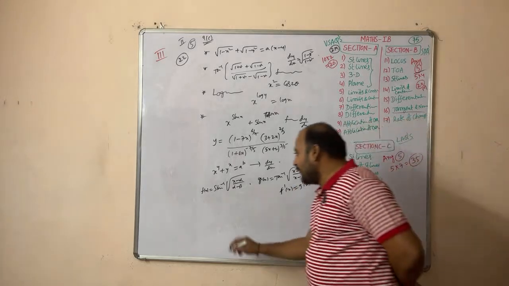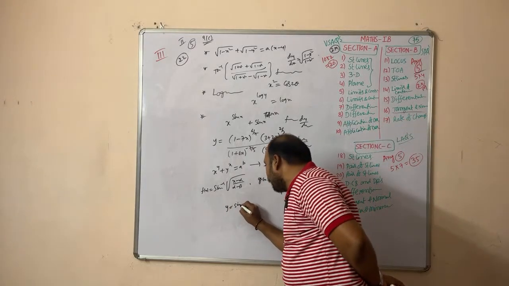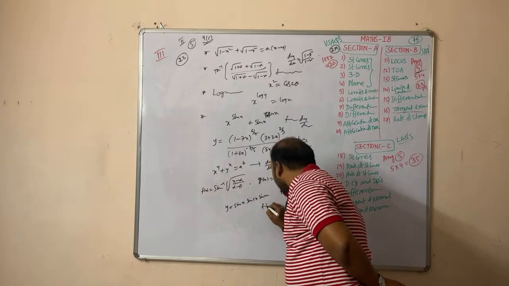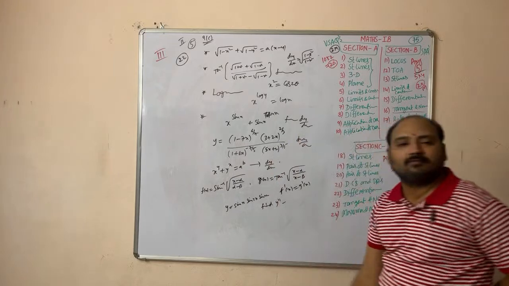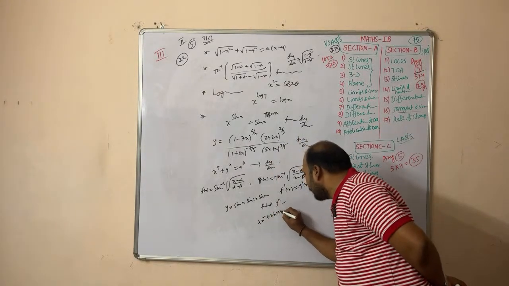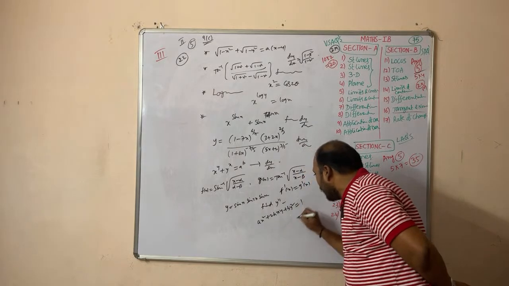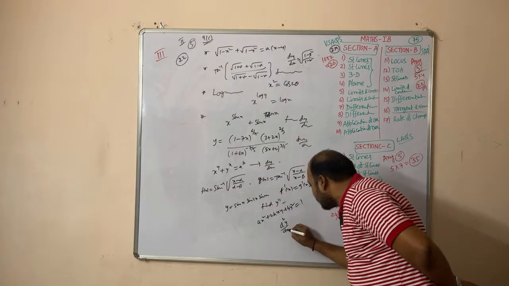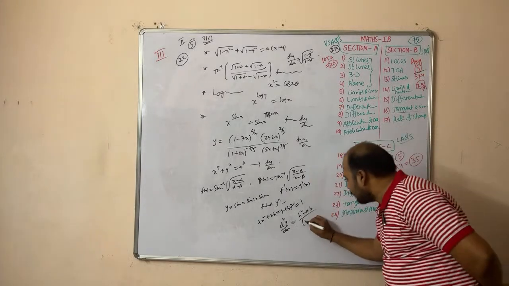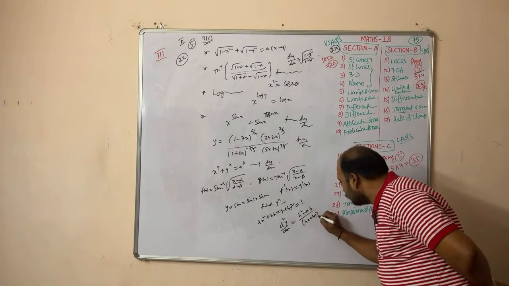In the second order derivatives, y is equal to sin x sin 2x sin 3x, find y double dash. And one more question: ax square plus 2hxy plus by square is equal to 1, then find d square y by dx square equal to (h square minus ab) by (hx plus by) whole cube.